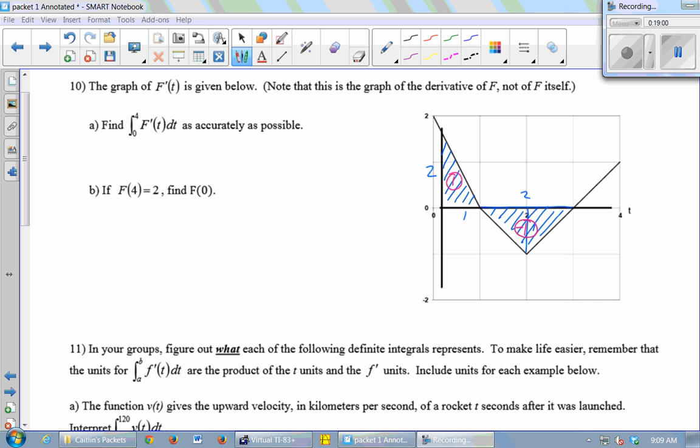And then this last piece, that triangle has a base of 1 and a height of 1, so its area is 1/2. Okay. So my net signed area under the curve would be 1 minus 1 plus 1/2, which is 1/2.